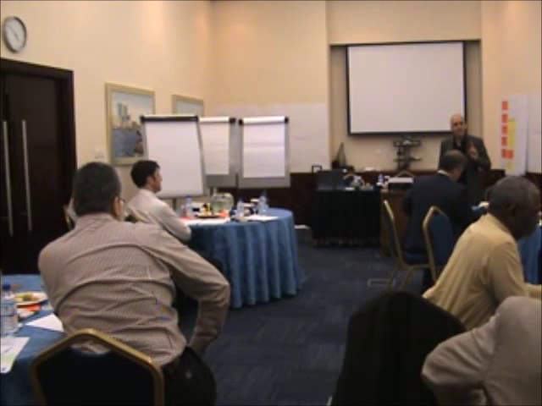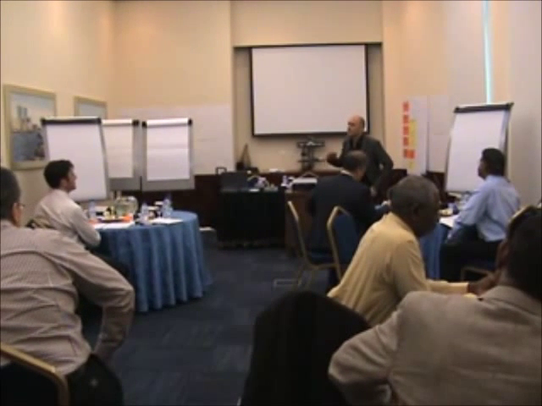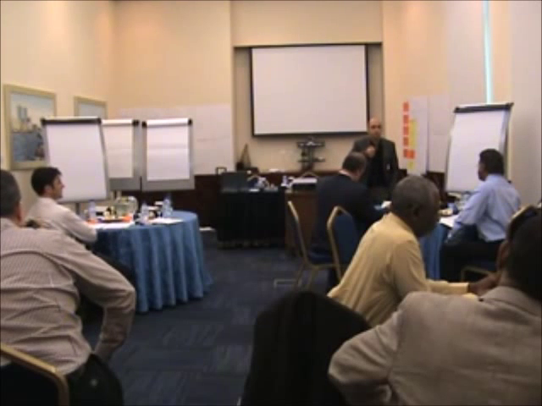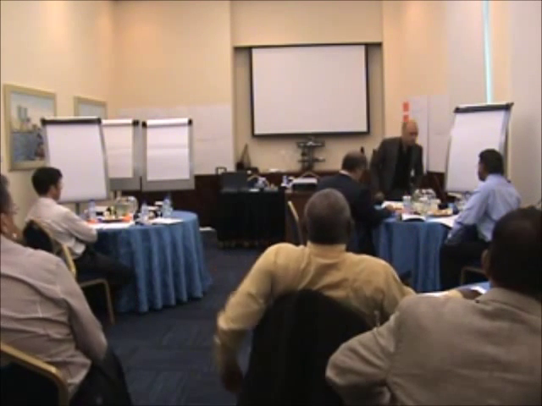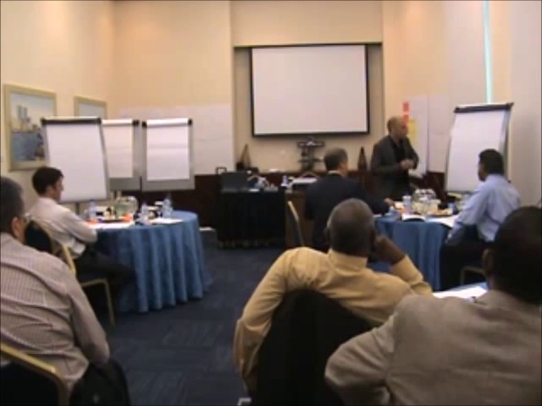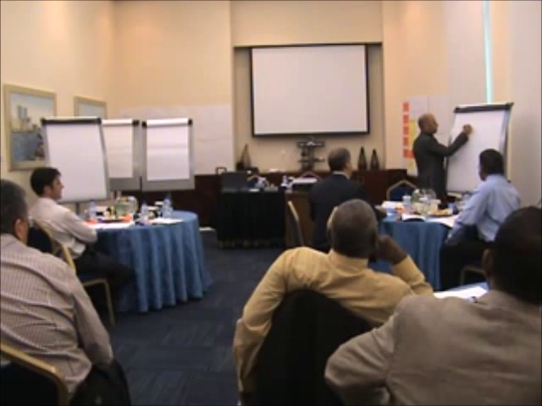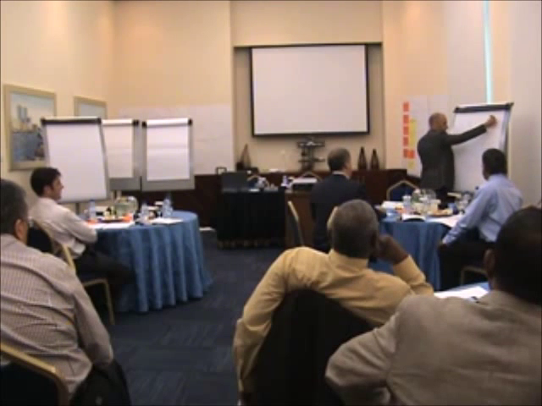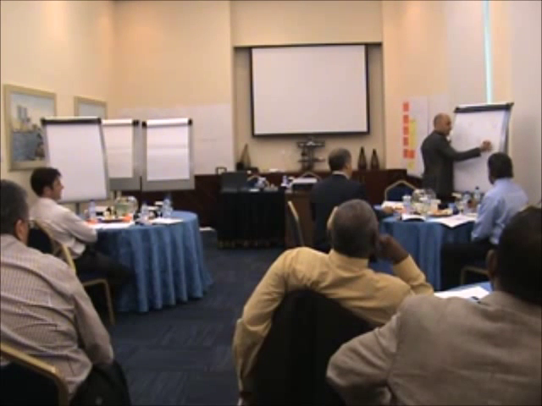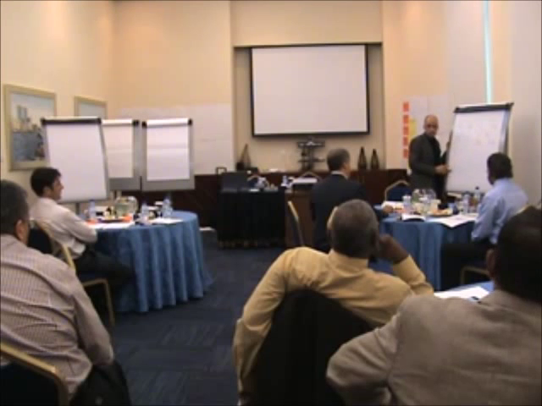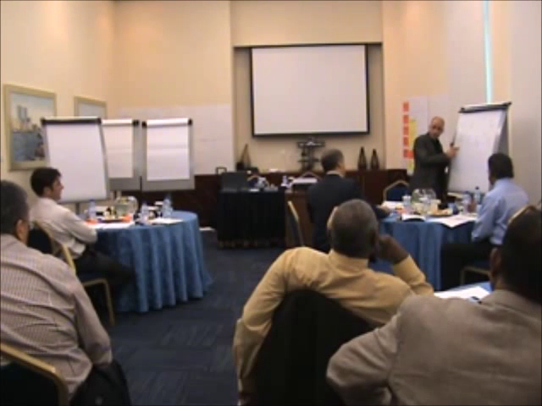Now, what does degree of influence mean? It means how much they can influence the deal positively or negatively. If Mr. X is a champion and his degree of influence is high, that's good news. But if Mr. Y is a blocker and his degree of influence is high, that's not good news, because this guy is going to screw up my deal.